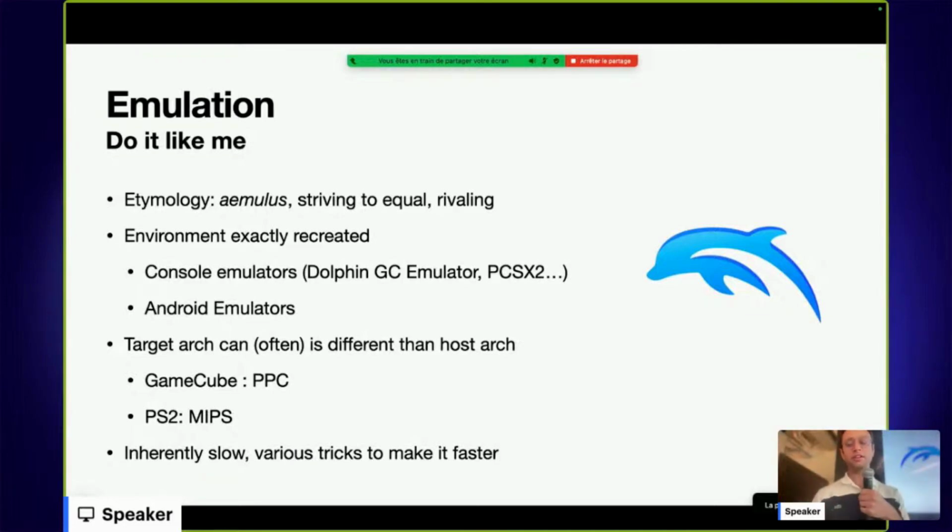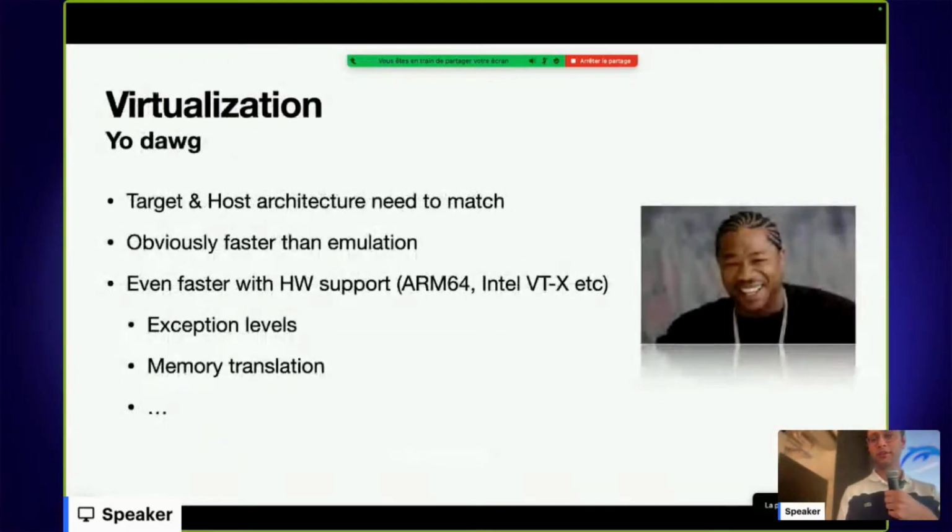So the architectures do not need to match. For the PS2, same thing: it's a MIPS CPU. Emulation is inherently slow because you have to translate every instruction from the guest system to the host. But there are tricks to make it faster. We will see one in a few moments.